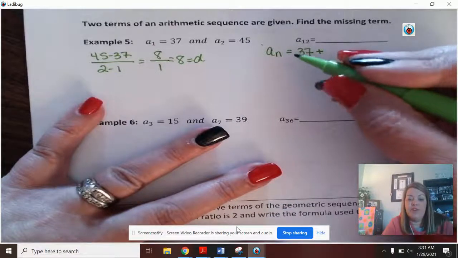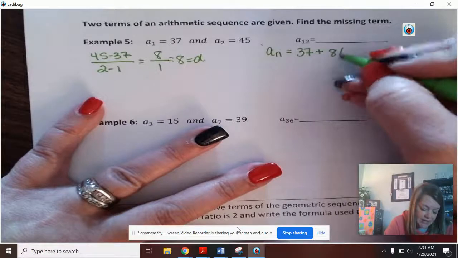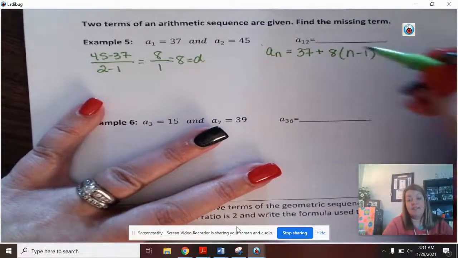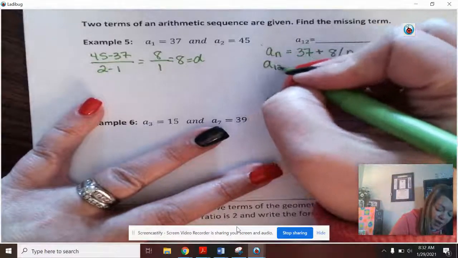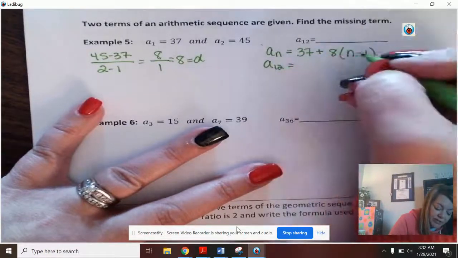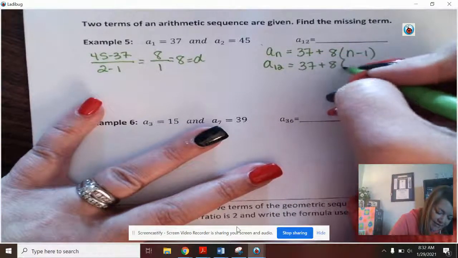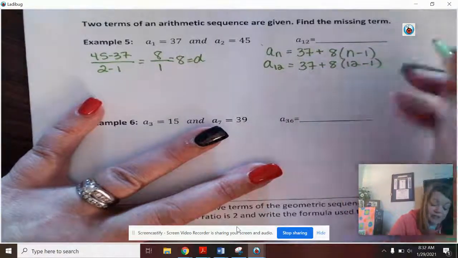All right, so let's go back over here. My formula would say a sub n equals 37 plus 8 times n minus 1. But in this case, the problem asks me to find the 12th term, so I'm looking for a sub 12. So I'm going to plug a 12 in for n. So 37 plus 8 times 12 minus 1. And now I can just solve this.